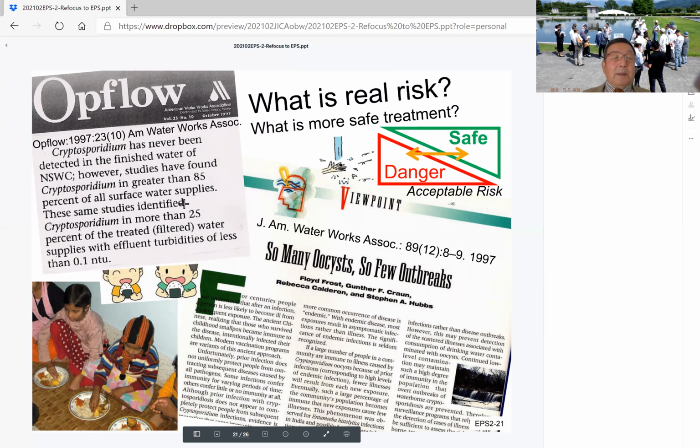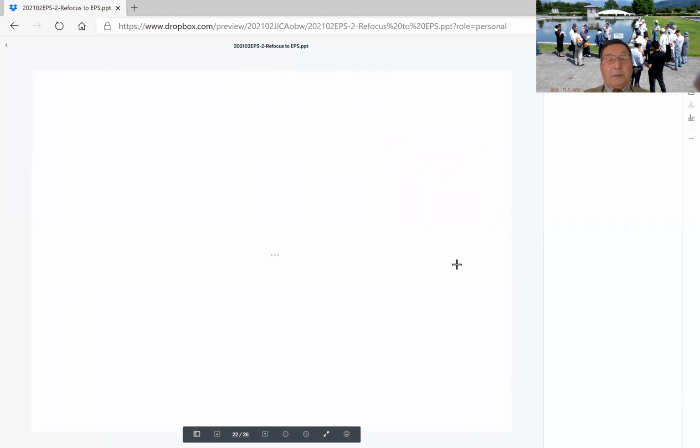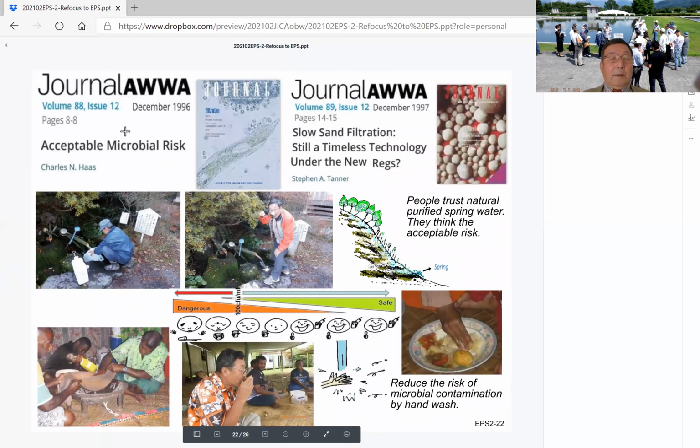These same studies identified Cryptosporidium in more than 25% of the treated water supply with effluent turbidity of less than 0.1 NTU. And another report was titled so many, so few outbreaks. And in the Journal of the AWWA in '96, accepted risk of microbial risk, slow sand filter, still timeless technology, and the new layer.